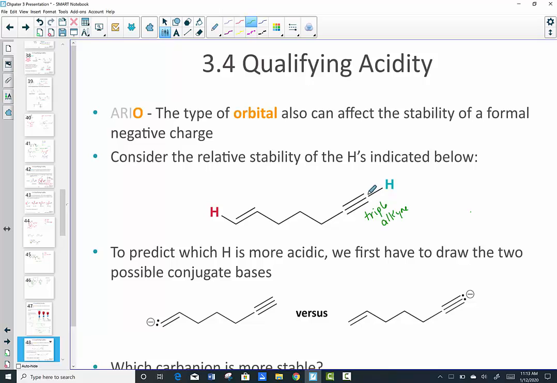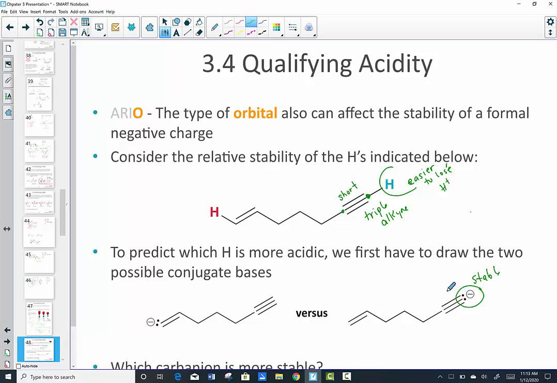Compare over here, this is a carbon that's involved in a double bond. Remember, this would be sp hybridized. This is sp2 hybridized, meaning that a double bond, the alkene part of this molecule, when it forms its anion, is not as readily stabilized as it was with the triple bond, because there's a longer distance between the pi bonds here.